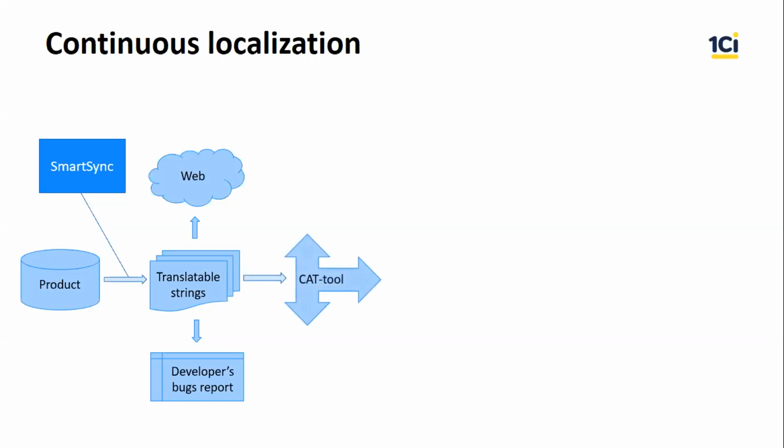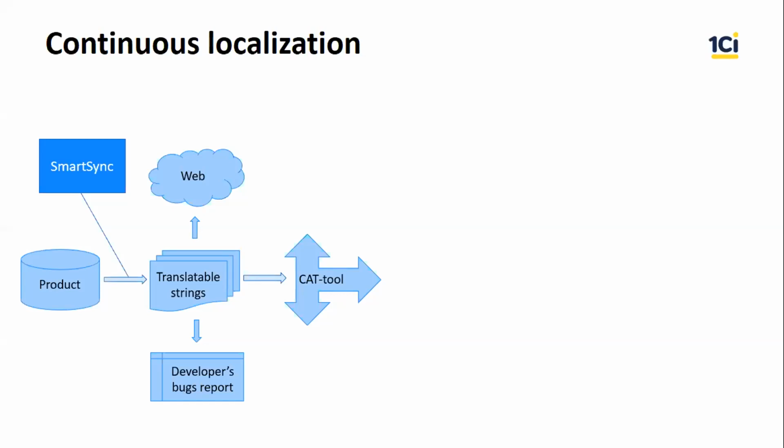Now that we have everything ready, SmartSync uploads the strings to the CAT system. CAT here stands for Computer Assisted Translation. Its main advantages are the translation memories and glossaries. When a translator approves the translation, it is saved into the translation memory and can be used in similar cases, in strings with similar source text again.